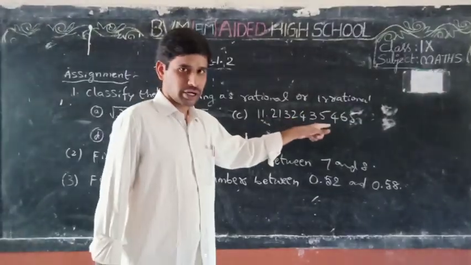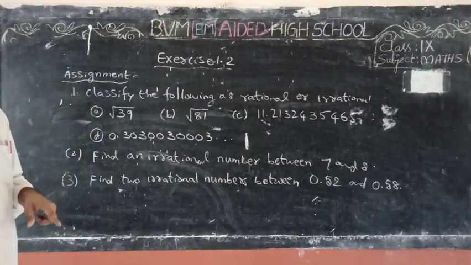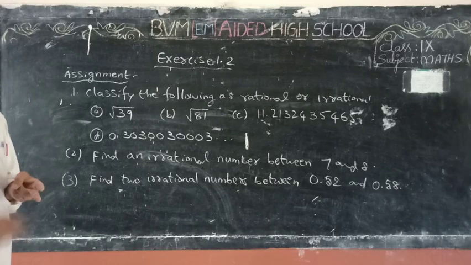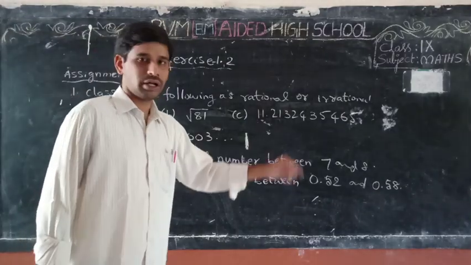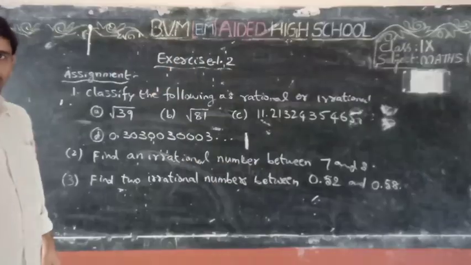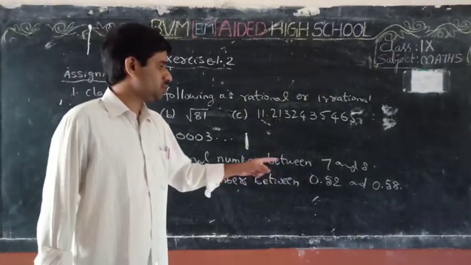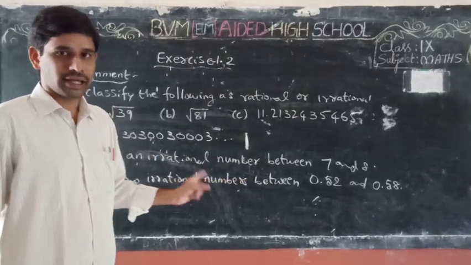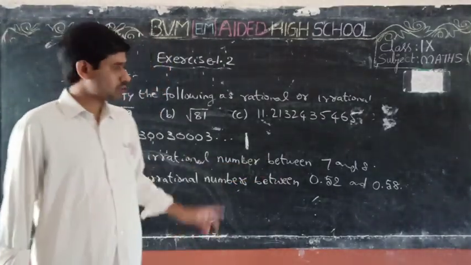If terminating, it comes under rational numbers. If non-terminating, then verify whether it is non-terminating recurring or non-terminating non-recurring, that means non-repeating. For an irrational number between 7 and 8, you can follow any one of the methods. For two irrational numbers between decimals, you can write non-terminating, non-recurring decimals directly between these two. So solve these sums.